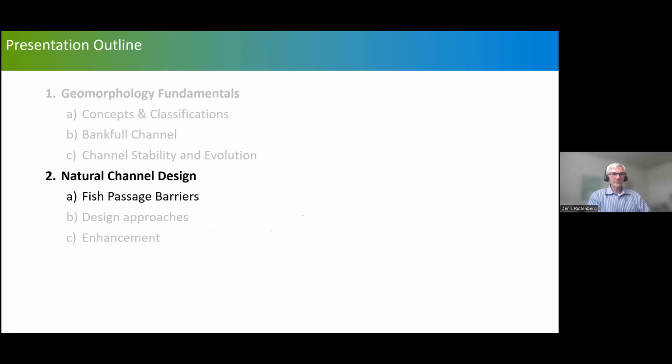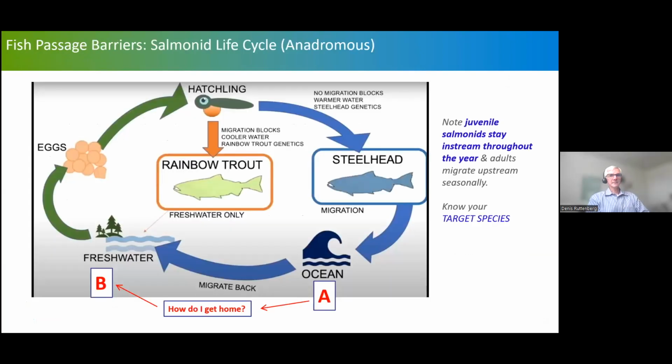All right, so I have 30 minutes. All right, fish barriers. Hopefully people are familiar with salmon. So again, this is a kind of complex chart, but my point here is to show the salmon life cycle: they lay eggs in the streams, the eggs hatch, they become juveniles, they grow up, and they go out to the ocean, and then the adults come back and spawn in the streams.